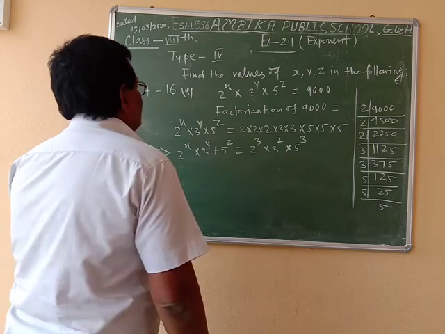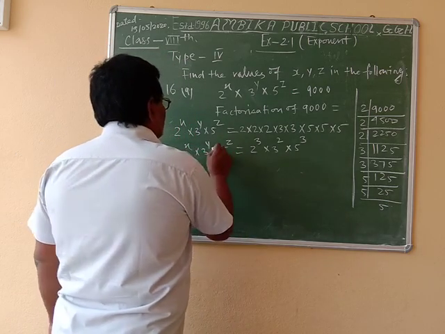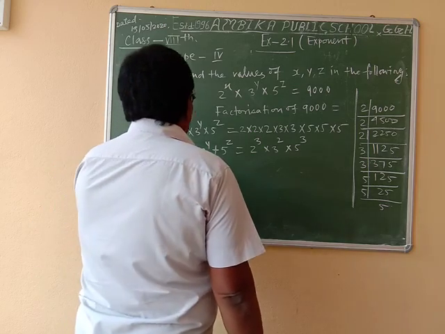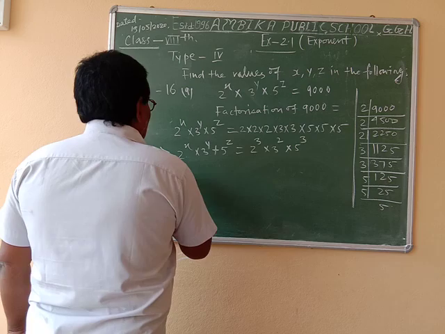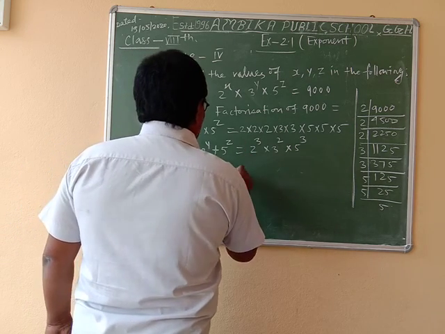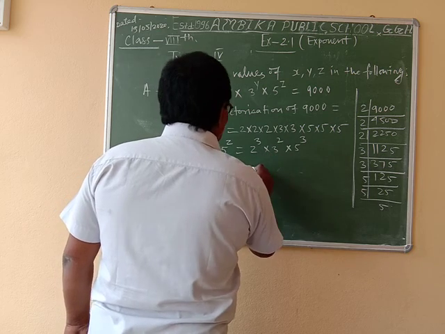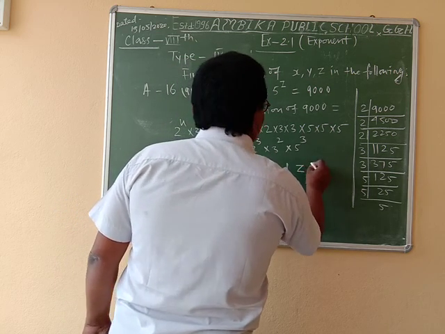Here we see that all the bases on both sides are equal. So x is equal to 3, y is equal to 2 and z is equal to 3.